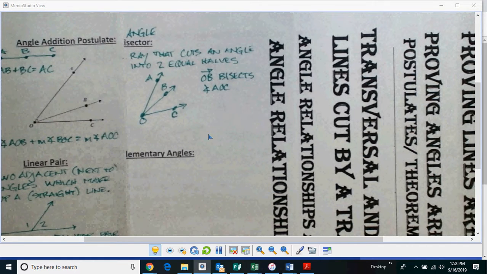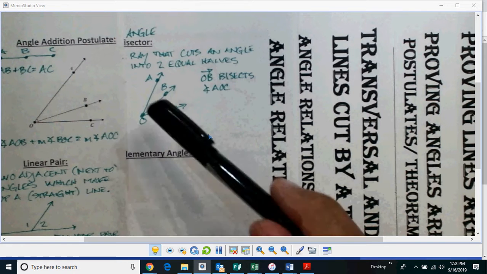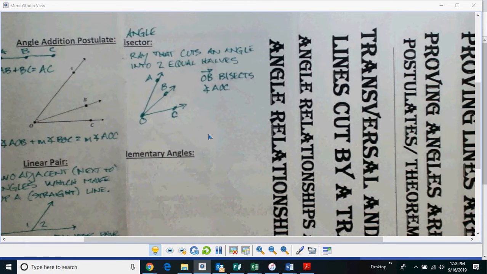So if OB bisects AOC, and they kind of do, well, it looks like the one on the bottom's a little bit bigger, but if the creator of the drawing tells you that it's bisected, that means it's bisected. Because it's my drawing and I say they're bisected, that means they're bisected, regardless of what it looks like.